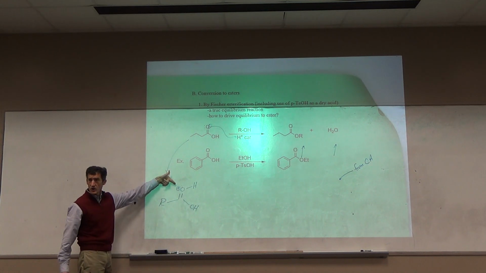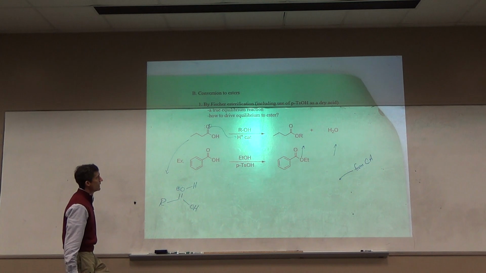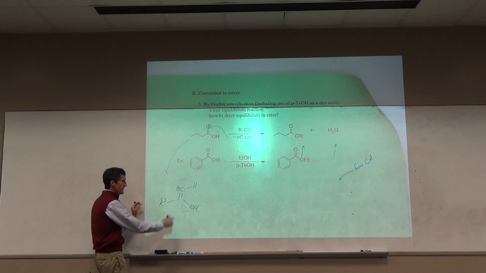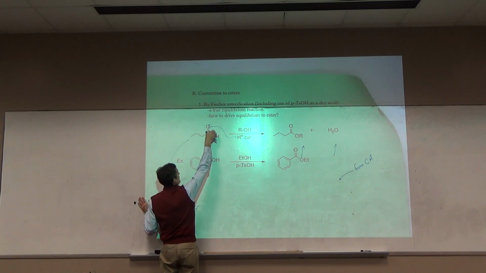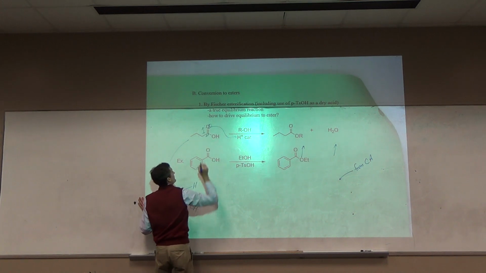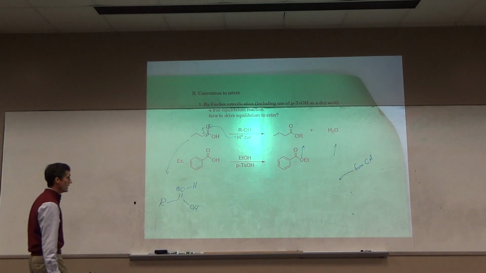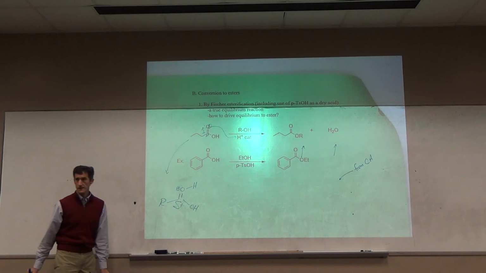A protonated carbonyl, like we saw in our previous mechanism. What this does is it makes the carbon here more electrophilic. Look right here, there's partial plus here because of the dipole. But there's more partial plus here.